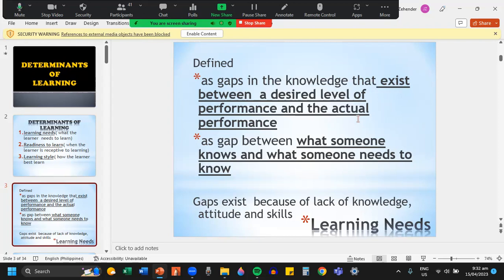Nag-add on sa base knowledge ninyo about that subject. These gaps exist because of lack of knowledge, attitudes, and skills. And it is through the teacher's guidance that you will be able to meet those learning needs.